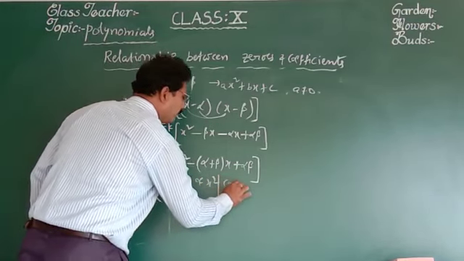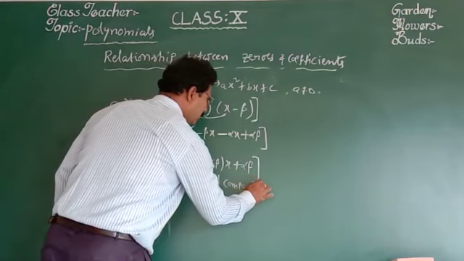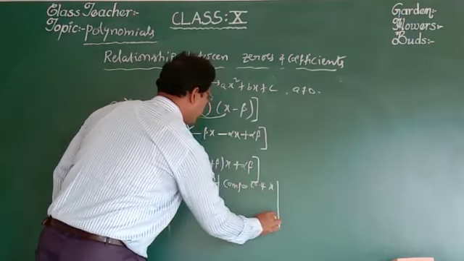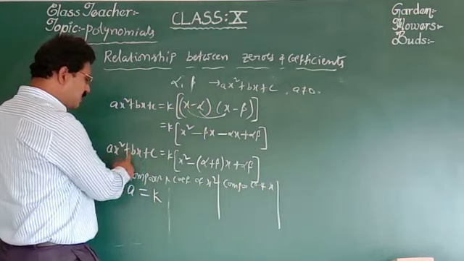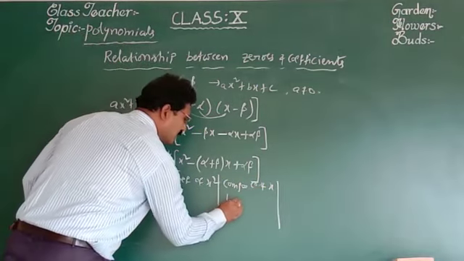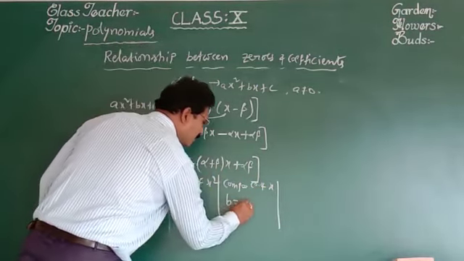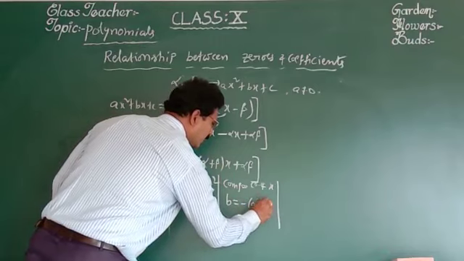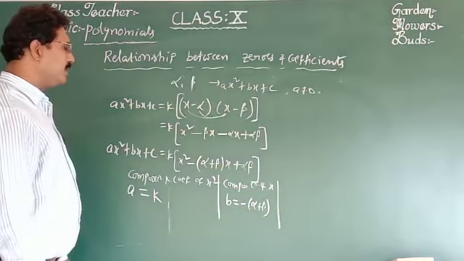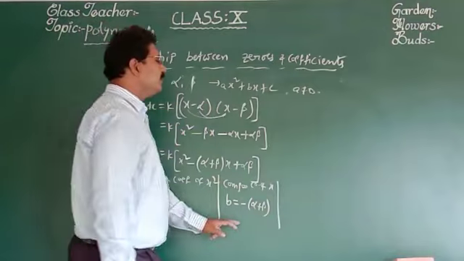Next, comparing the coefficient of x. The coefficient of x is minus of alpha plus beta, so b is equal to minus of alpha plus beta.